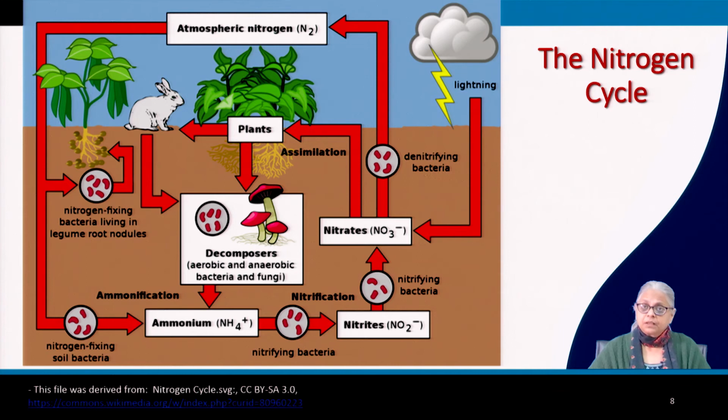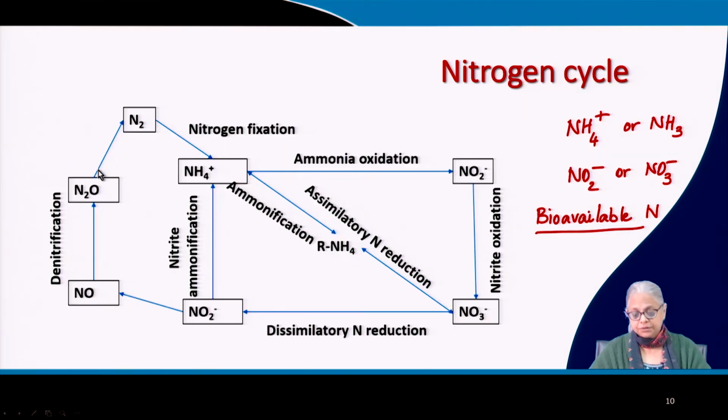This nitrate is then, under certain conditions, converted by denitrifying bacteria to various gases. So nitrogen gas, nitrous oxide, all these are gaseous outputs from the denitrification process. So a very simple schematic to explain all these processes is shown over here. So you have nitrogen gas in the atmosphere, it's fixed by, and each one of these processes is mediated by either one group or one species of bacteria or by several bacterial species.